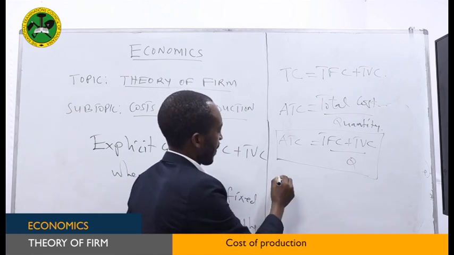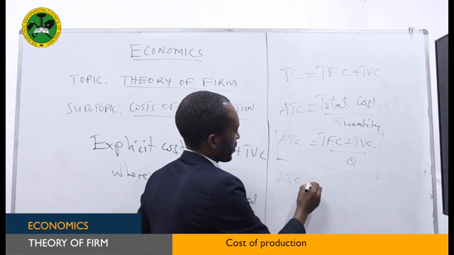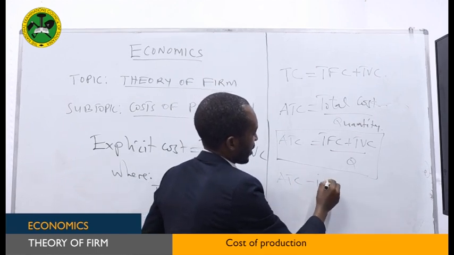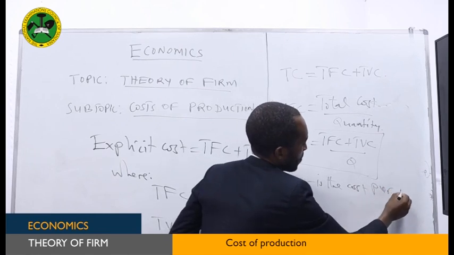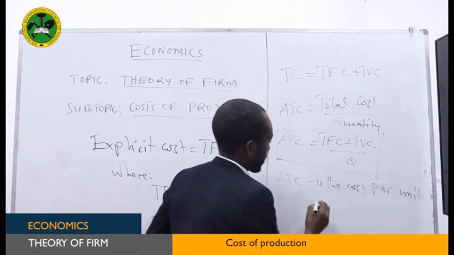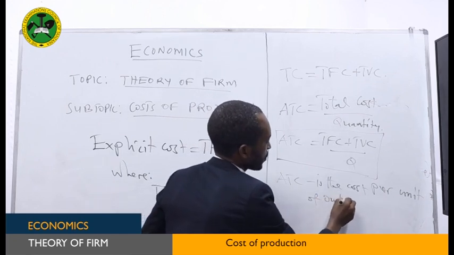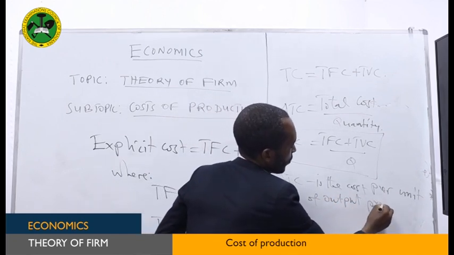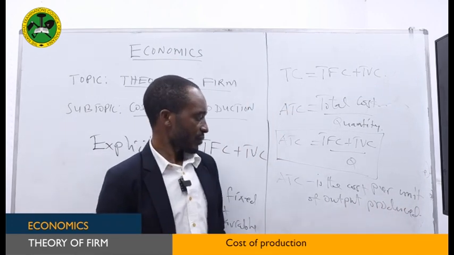So average total cost can be said to be the cost per unit of output produced.